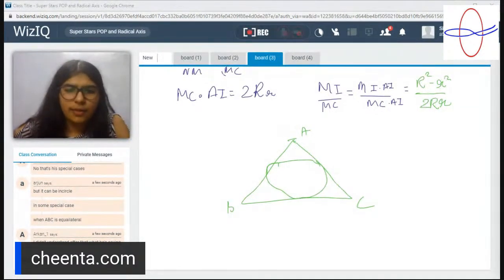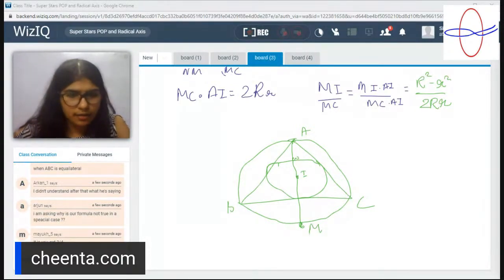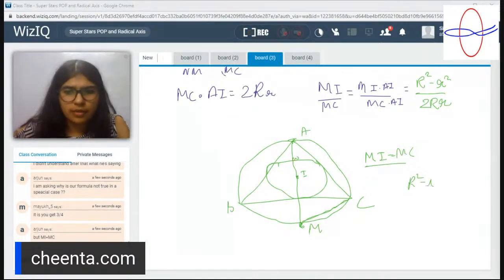That's pretty horrible, but let it be. This becomes our omega. This is A. We have its I. We have this M, and want to find MI. In this case, MI equals MC, and so R square minus r square equals 2Rr. This is Euler's formula, right?